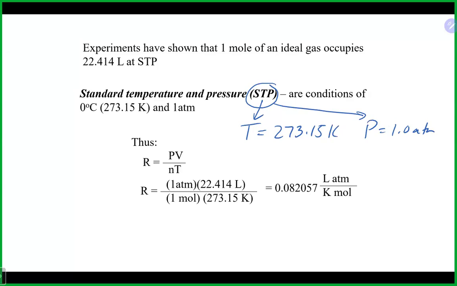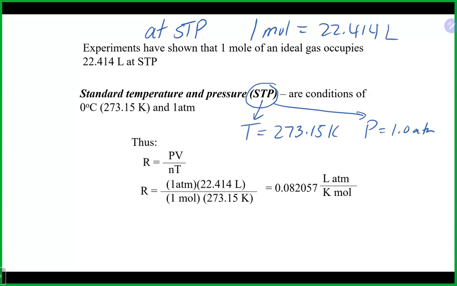How do you use the ideal gas law with STP conditions? It would be the 273.15, and the pressure would be the 1 atmosphere that should go in there. Now, there is a nice relationship that occurs under the STP condition, and that is if you are at STP conditions, 1 mole of any gas will equal 22.41 liters.